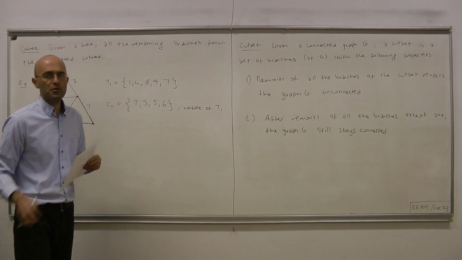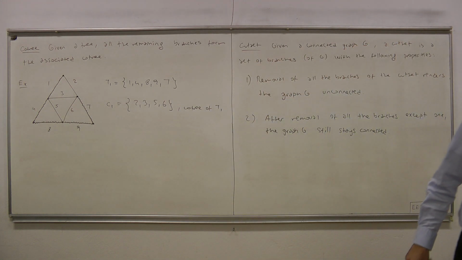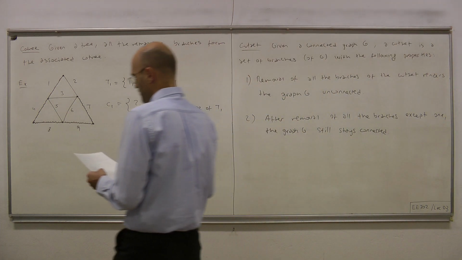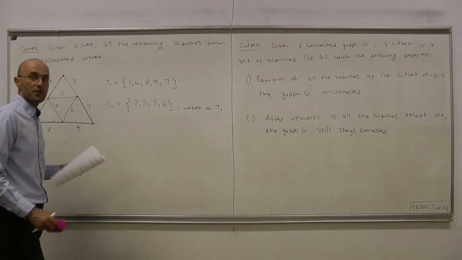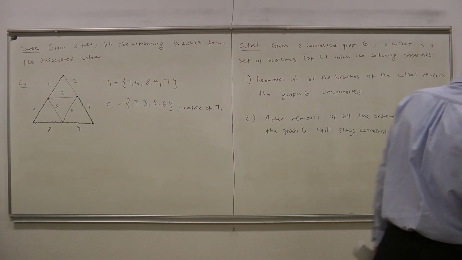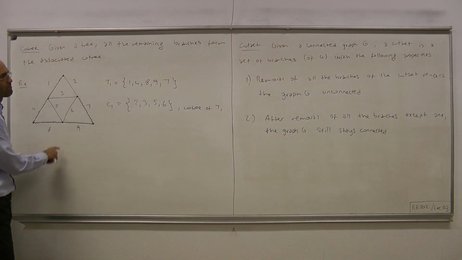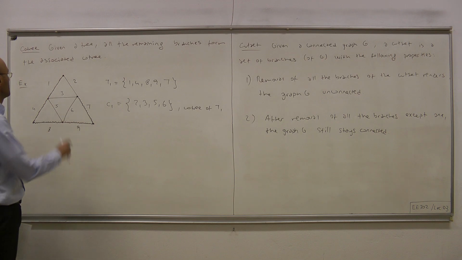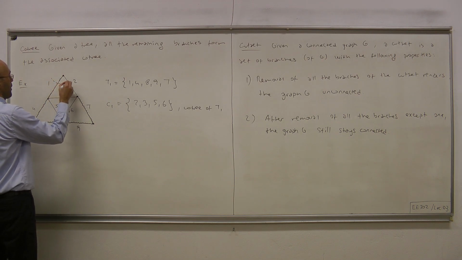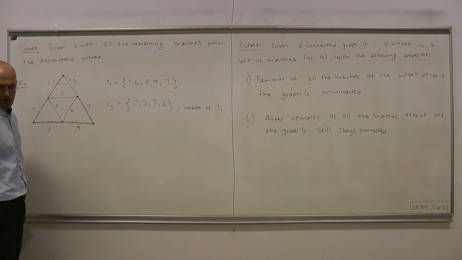Okay, but what is meant by those two conditions? Let's try to understand on some visual cases after defining fundamental cutset and fundamental loop. For instance, this 1 and 2 is a cutset of the graph G. Why?